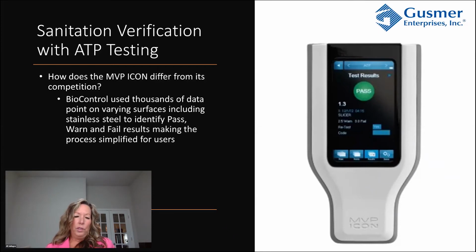Biocontrol used thousands of data points to establish their pass, warn, fail results. So it makes it easier for the quality assurance tech who is sampling to know right away. You see this large pass result, so you know right away, without having to figure out the scale, if the result has passed or not.